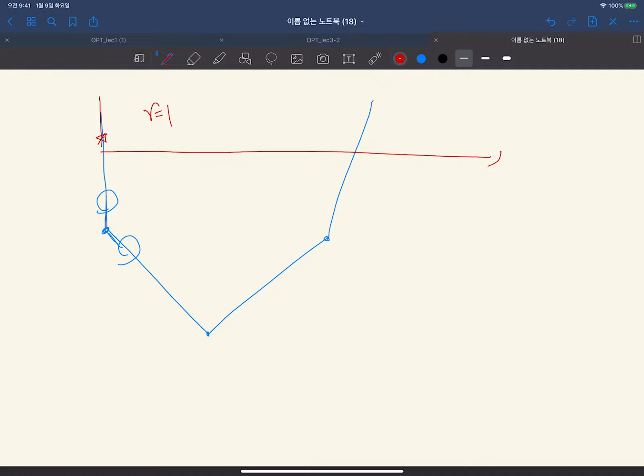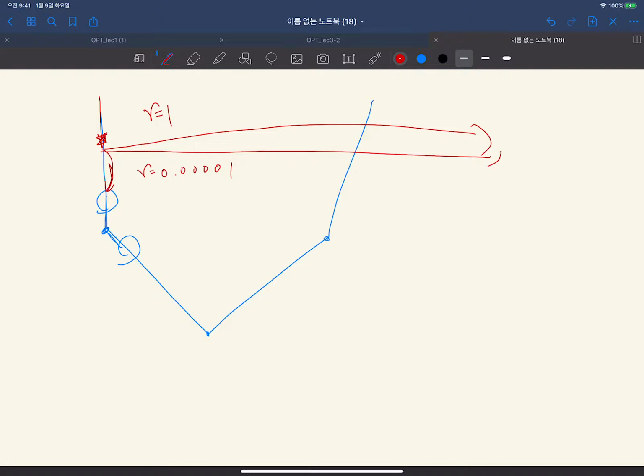So when you start from here, you have to set gamma as a very tiny value like this, so that the update does not go to some very far area, but we can update like this.